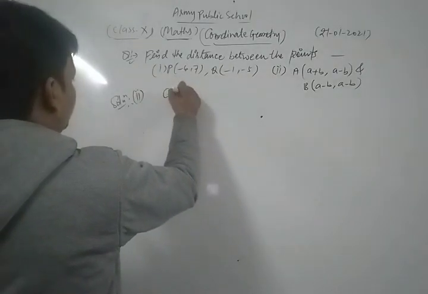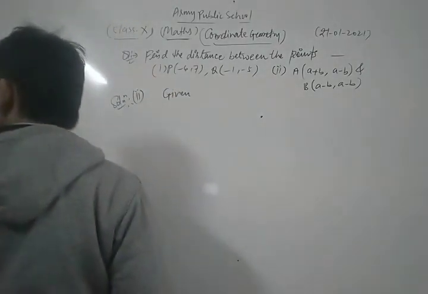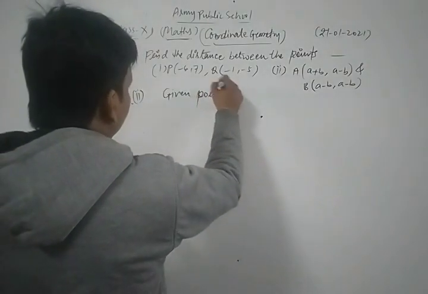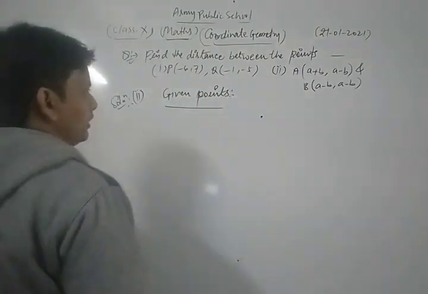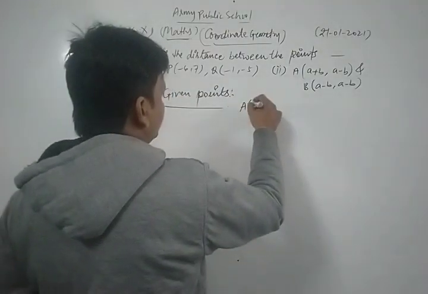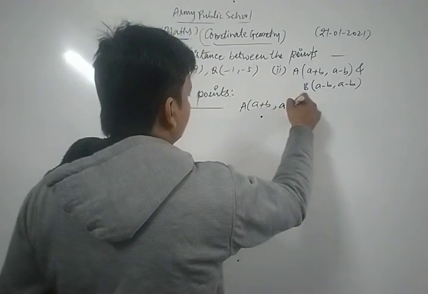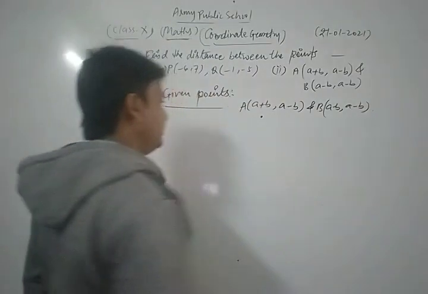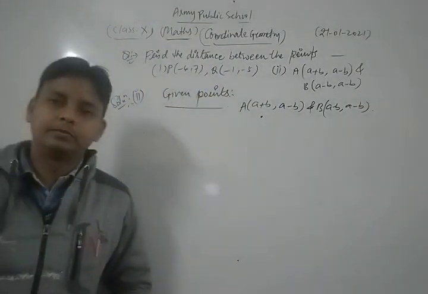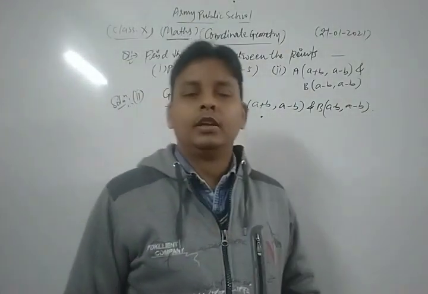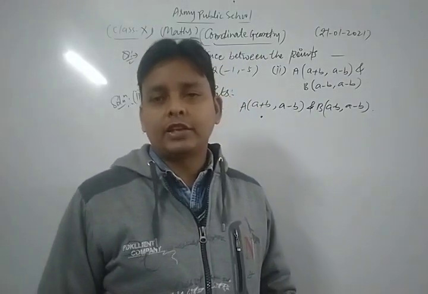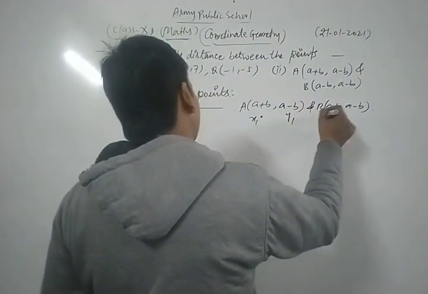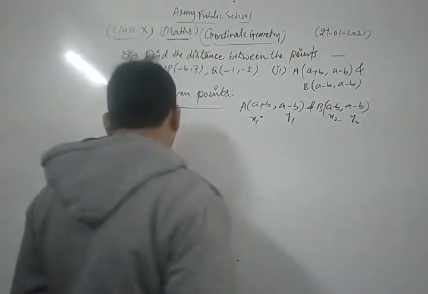First of all, we write the given points. Okay, we have 2 points A and B. Now, same as we take x1 y1 and x2 y2 given in that question. Now we see this is x1 y1, this is x2 y2.